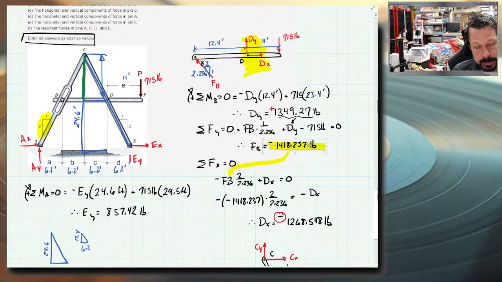But if you don't know that the slot creates a perpendicular reaction when it's frictionless, which ours are, then this problem gets to be really complicated because you have to go through and work on one piece for a while to get enough answers to move to another piece to solve something on there, and it gets really complicated.